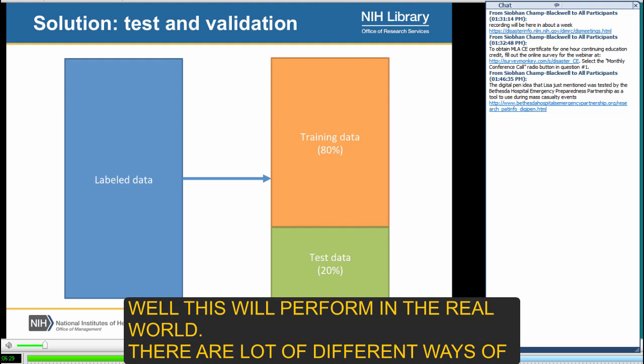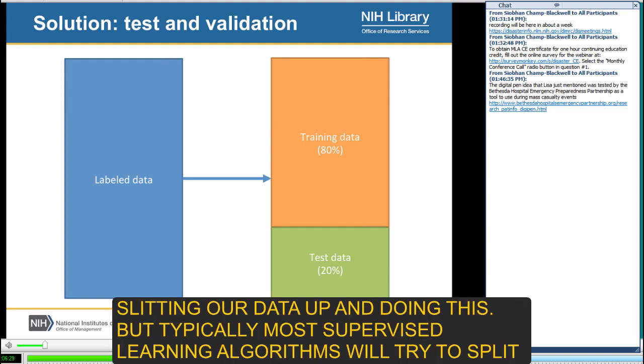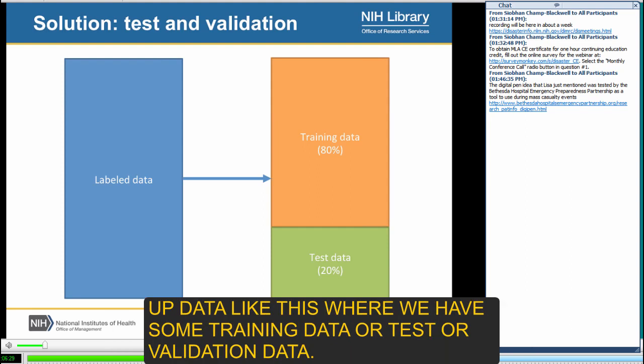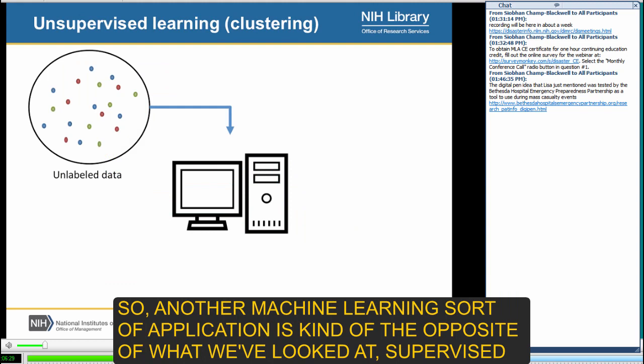There are a lot of different ways of splitting our data up, but typically most supervised learning algorithms will try to split up the data like this, where we have some training data and some test or validation data.